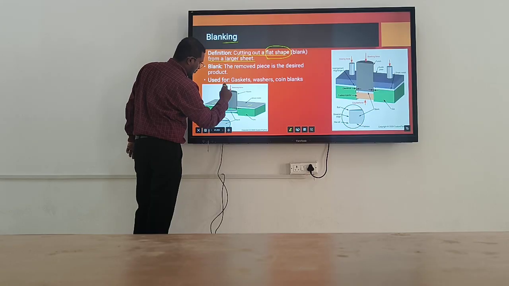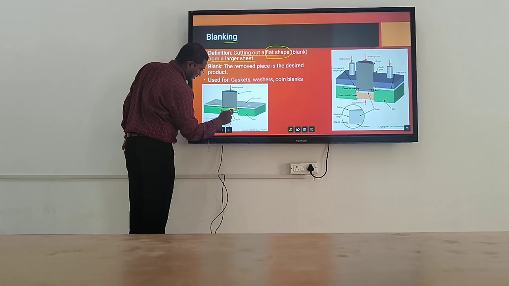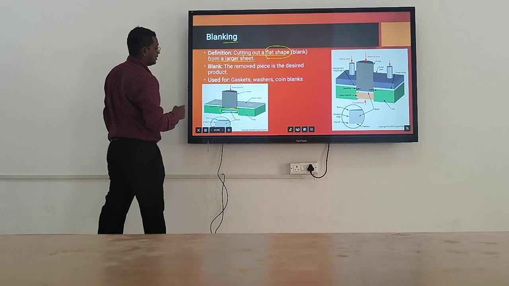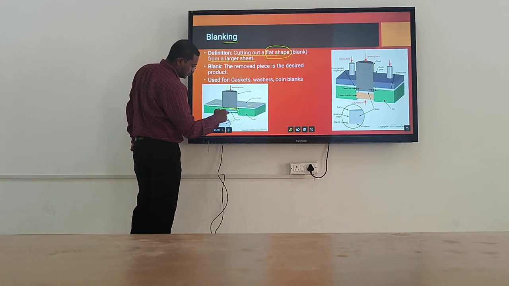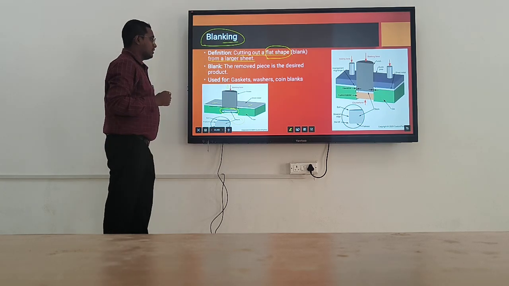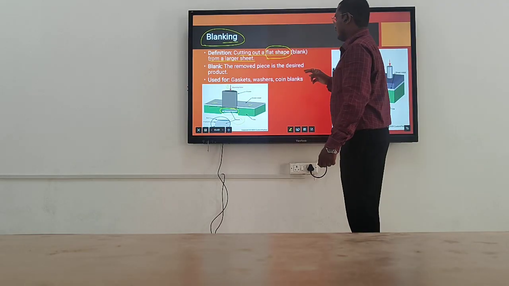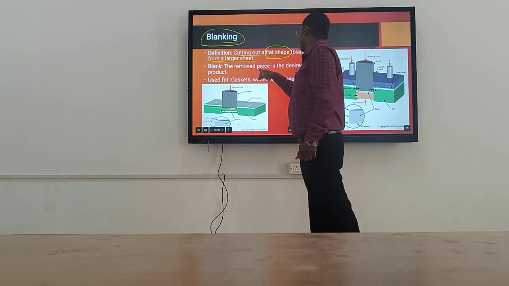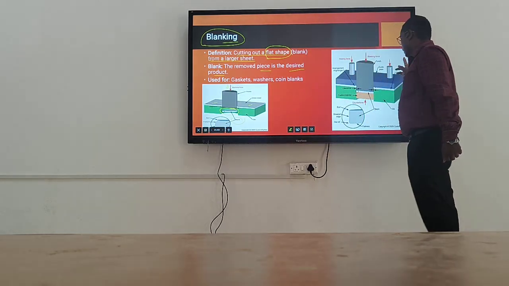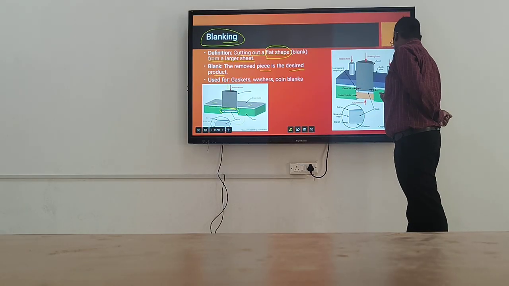When we punch that sheet, we get this kind of piece, which is called the blank. The process by which we get it is called the blanking operation. In blanking operation, the cut piece is the desirable product. Let me show in this figure, suppose this one is the line.